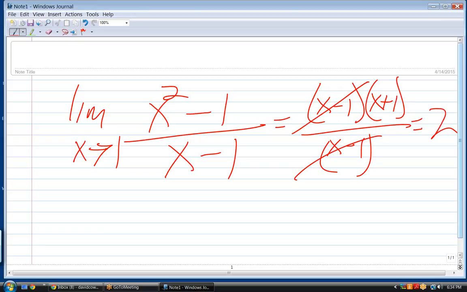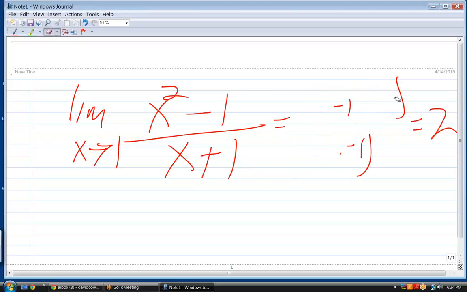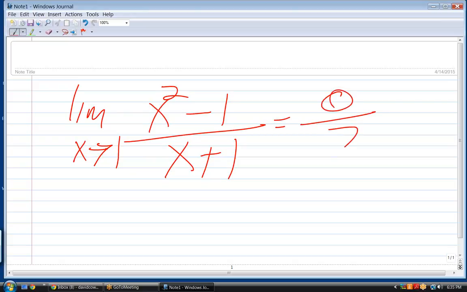First of all, let me say something about limit problems. There's only one situation that's difficult, and that's when substitution produces a 0 over 0. If I make that there, now I can solve it by substitution. As x goes to 1, the numerator goes to 0, the denominator goes to 2.